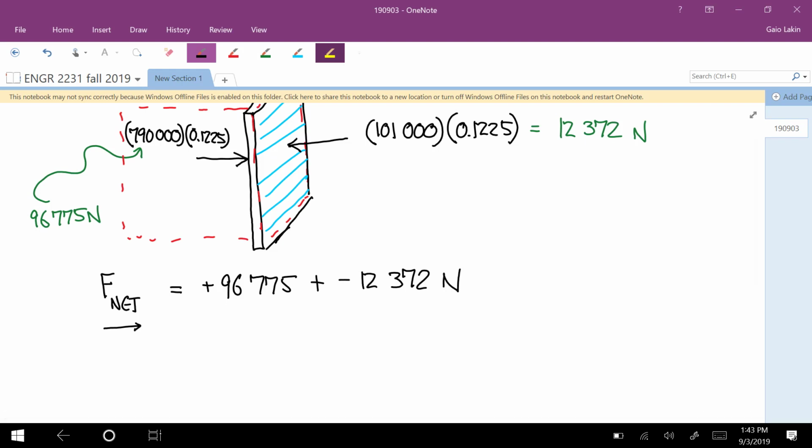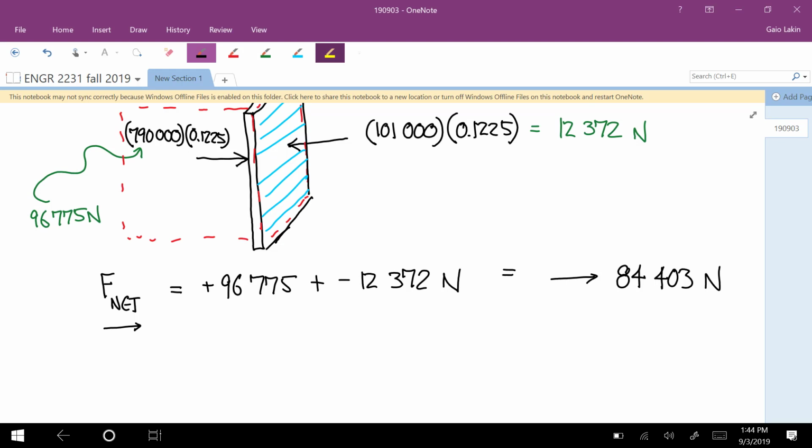I'm going to leave it like that, what I have in my notes. Otherwise, I have to change my calculation. And that comes out to be a net force in this direction of positive 84,403 newtons. So each face on that box has a net force of 84,000 newtons.